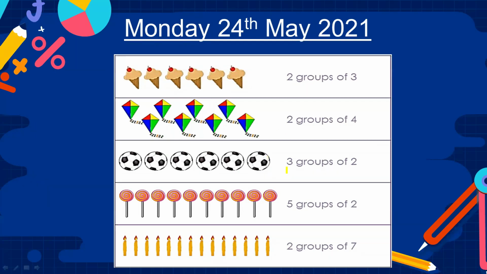Number 3, we have 3 groups of 2. So you have to count 1, 2, circle, 1, 2, circle, 1, 2, circle. Number 4, we have 5 groups of 2. So we have here lollipops. So you have to count 2, 5 groups of 2. And the last one, we have candles. 2 groups of 7. 1, 2, 3, 4, 5, 6, 7, and then circle.